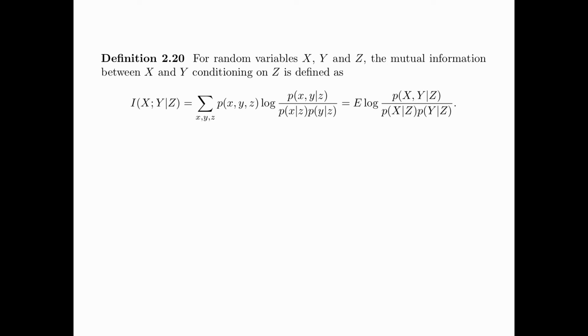In terms of expectation, this can be written as the expectation of the log of p(X,Y|Z) divided by p(X|Z) p(Y|Z). Note that by removing the conditioning on Z, we obtain I(X;Y) equals the expectation of log of p(X,Y) divided by p(X) p(Y), which is simply the usual formula for mutual information.